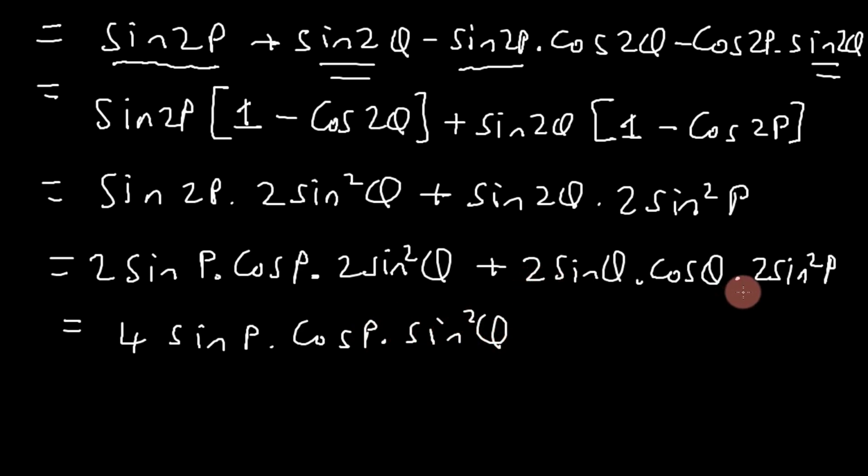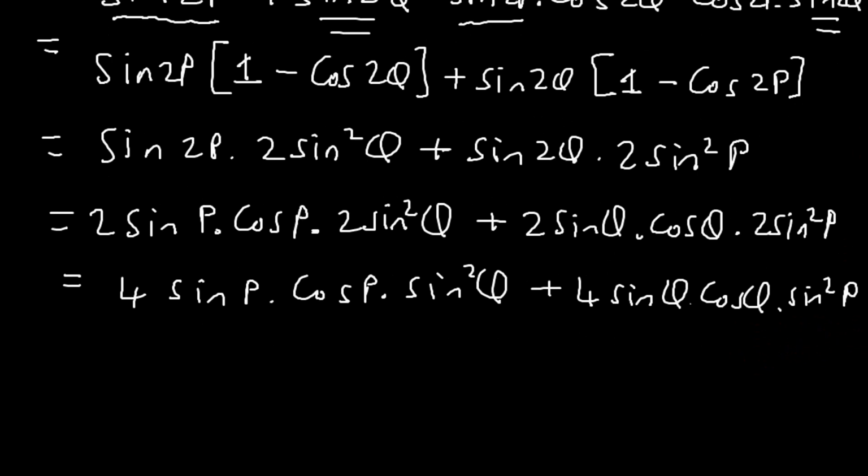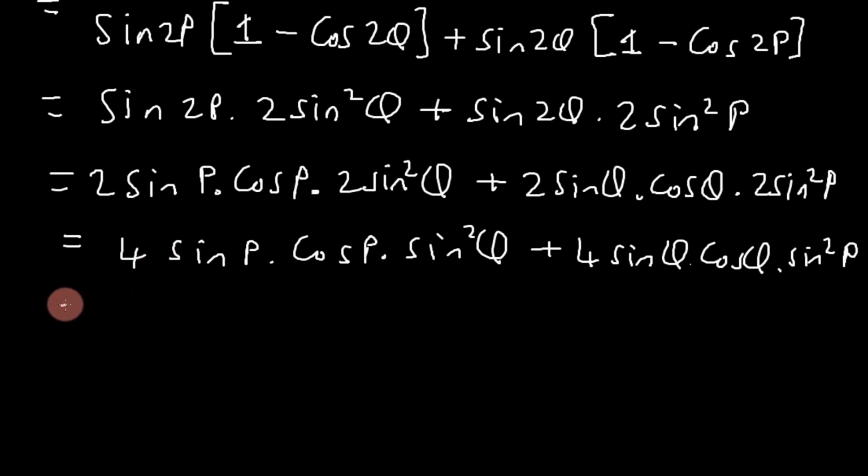And here we have 2 times 2 as well. Now we have more common factors. We have a 4 as a common factor. We also have a sine of p as a common factor over here. And we have a sine of q.